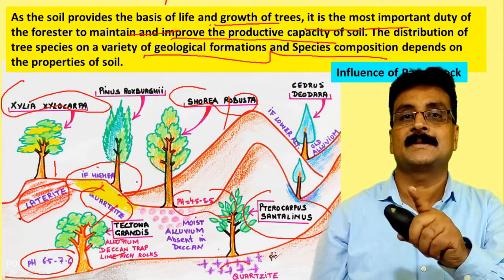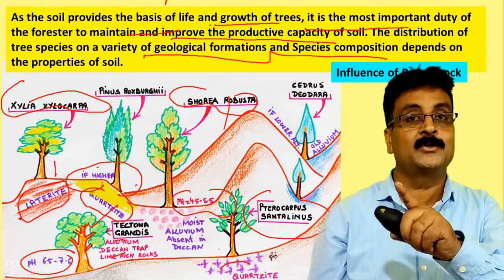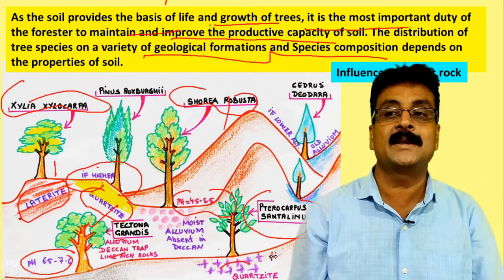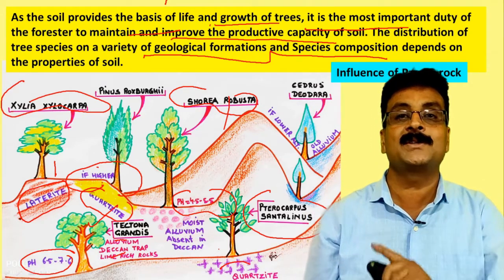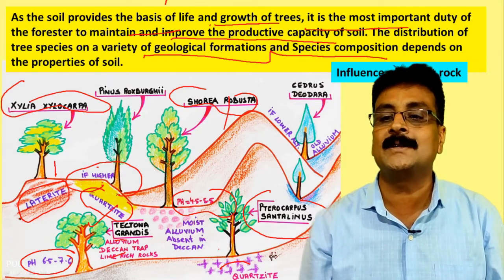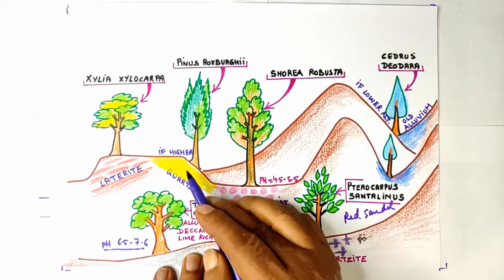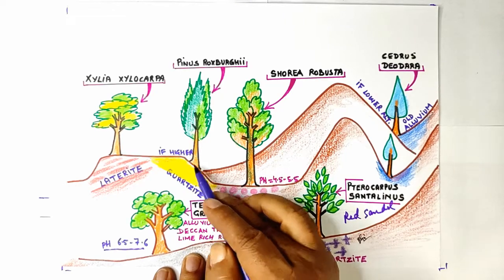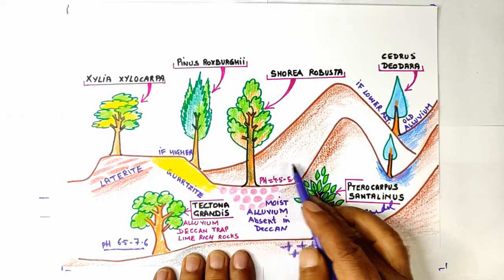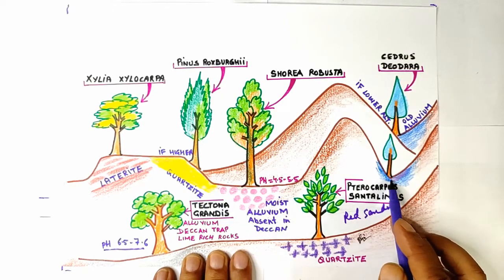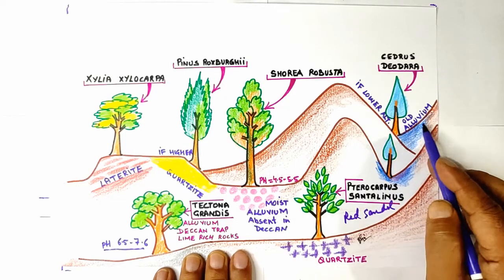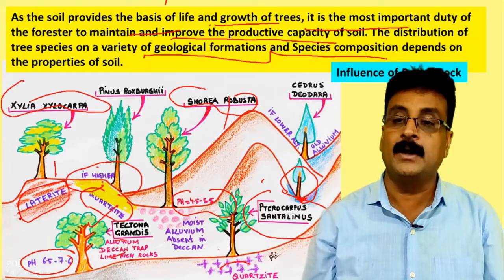But in some places, where there is influence of parent rock, or you can say species composition changes. As in quartzite, if it is in the higher, it will come there. And in the lower also, you can find deodar coming in the old alluvium here, and Pinus roxburghii coming in the higher one.